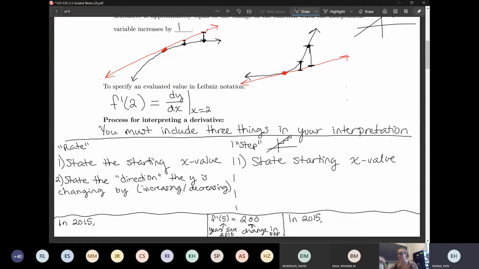That's based off of whether the value for the slope is positive or negative. Let's just say this is in general people, so that would be 200 people per year. So if I was continuing on this interpretation on the left, I would say in 2015, the population is increasing. Can I just abbreviate increasing because I'm running out of space?